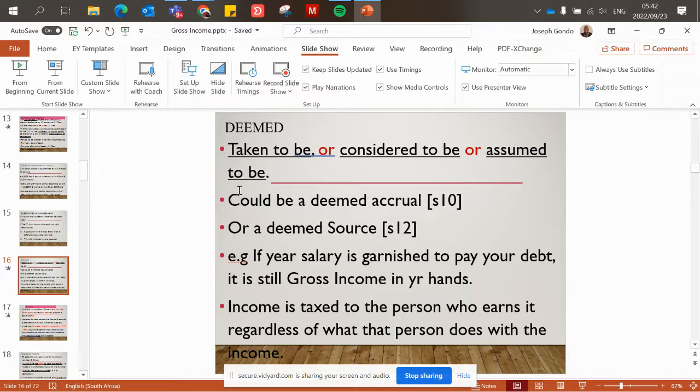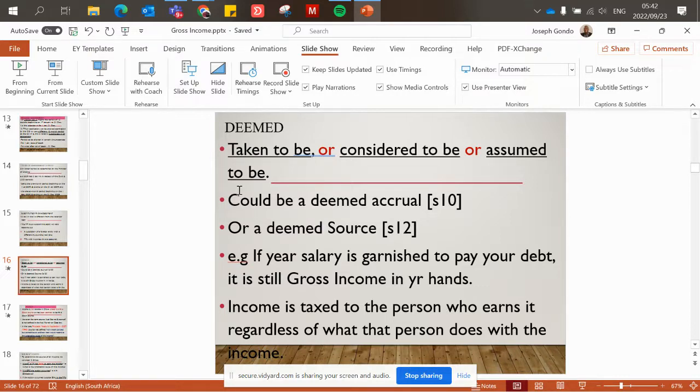You heard us talking about gross income, the total amount received by or accrued to a person, or deemed to have been received by or accrued to a person. So we want to discuss what we mean by deemed, and this is governed by Section 10.